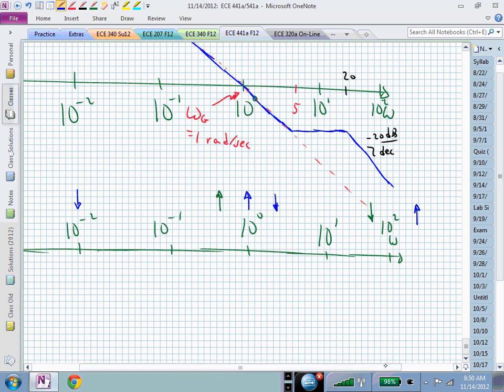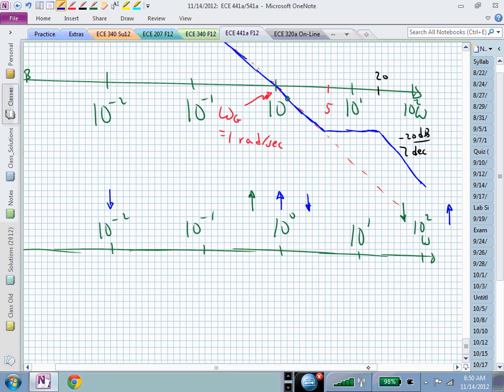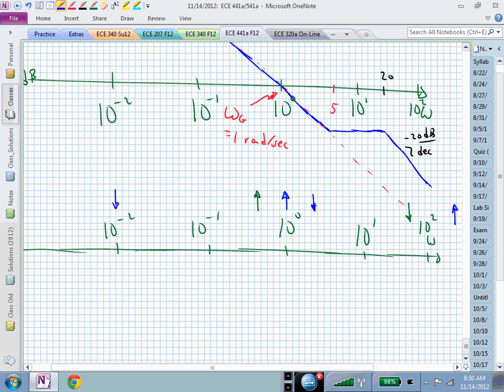So what are we doing? Every time we hit one of these arrows, we need to adjust the slope. So we were flat at 0 degrees until we reach this slope. And then what's our slope change? If nothing else happened beyond that pole occurring at 0.1, we would start having a phase change a decade before that, which is 0.01, and we would just change to minus 90 degrees when we reached a decade beyond 0.1, which is 1.